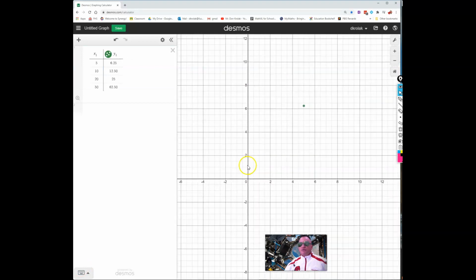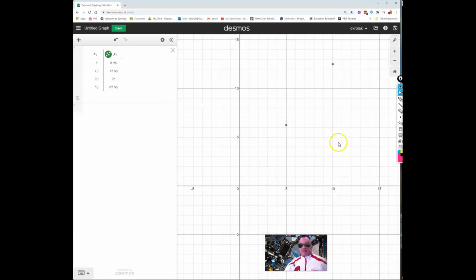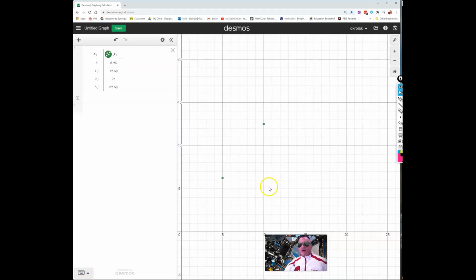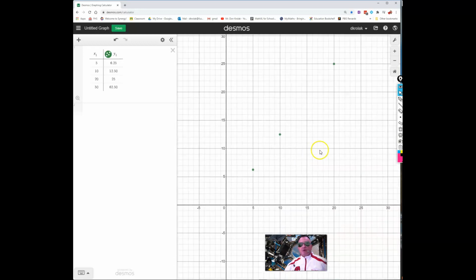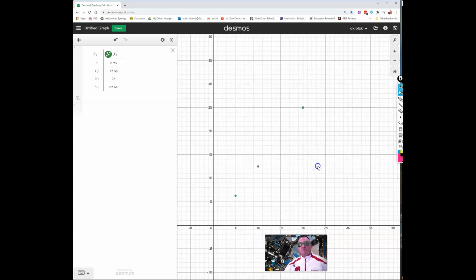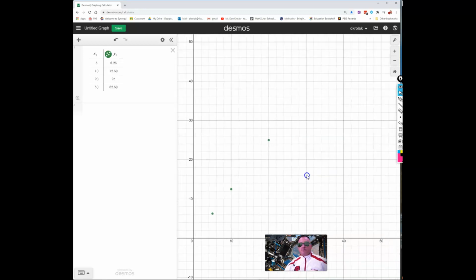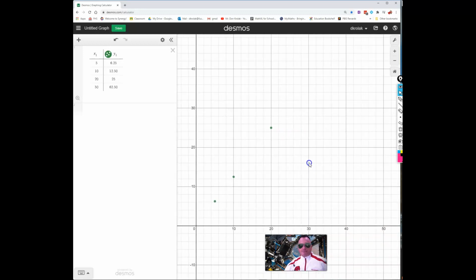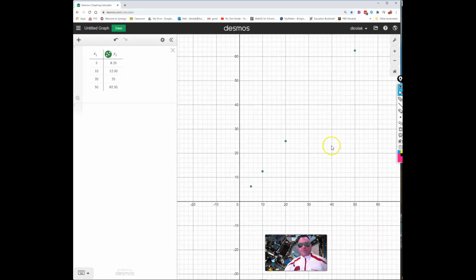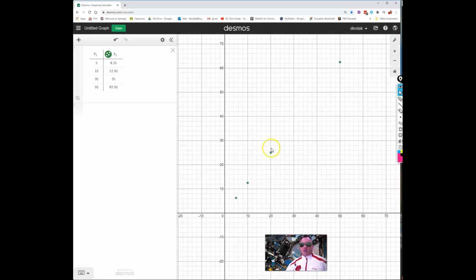As you graph those, it's plotting them. If you zoom out, you should be able to see all your 4 points.